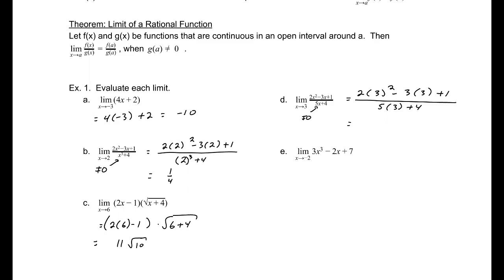All right, that is 10 over 19. So the limit is 10/19. All right, and for this last one, the polynomial is continuous, so we can just evaluate at that right there, which will turn out to be negative 13.